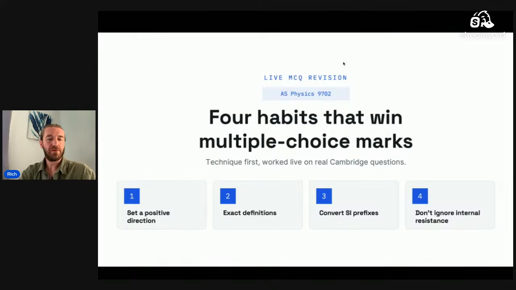So I really didn't want to focus today just on actual parts of the content, because by the time you get to this point, generally speaking, students have a pretty good grasp of the concepts, but sometimes it is really technique that lets them down in the multiple choice.